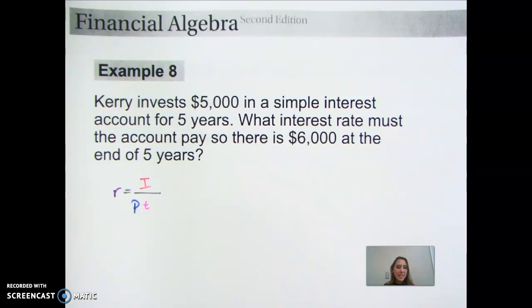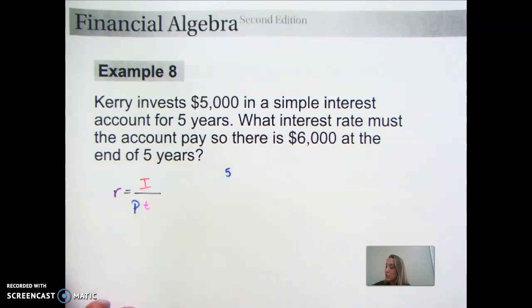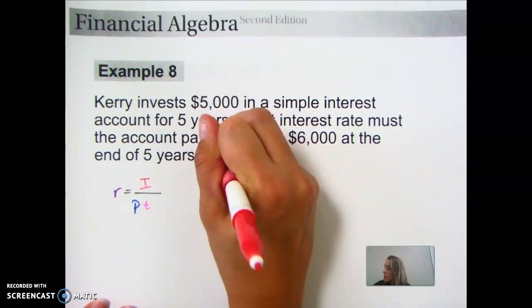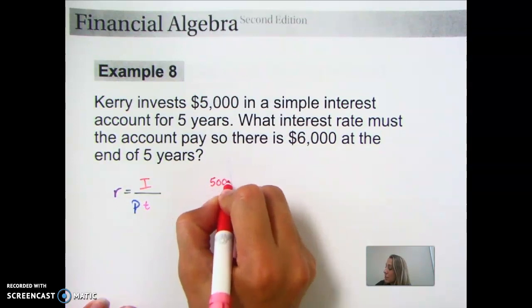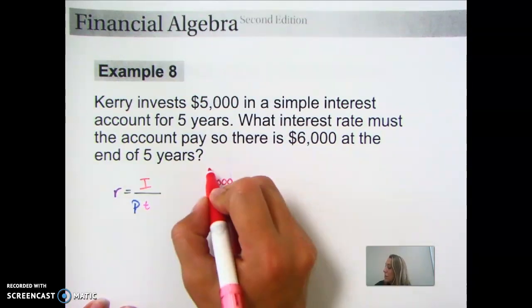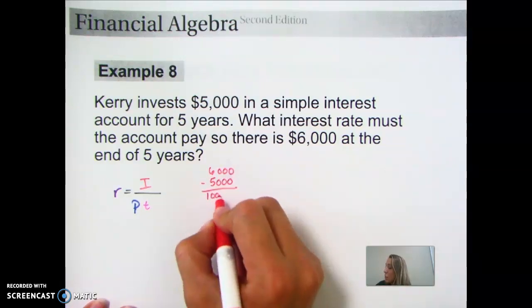So now we need to plug things in. Well, the first thing is what interest do I want to earn? If I invest $5,000 and I want 6,000, how much interest am I trying to earn? Well, that's 6,000 minus 5,000, which gives me 1,000.